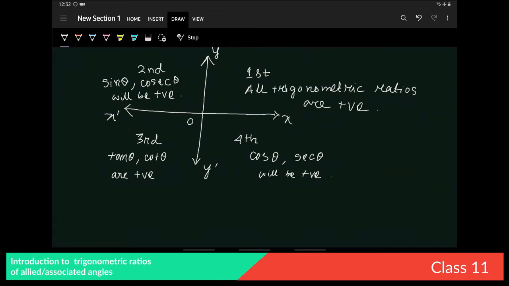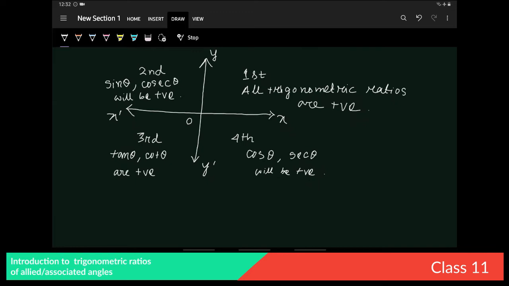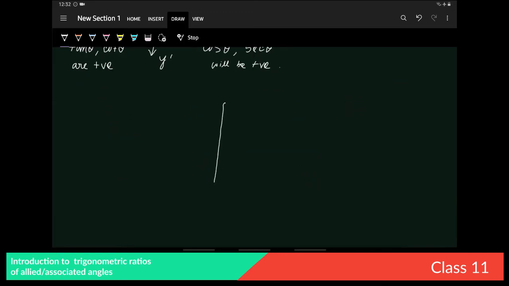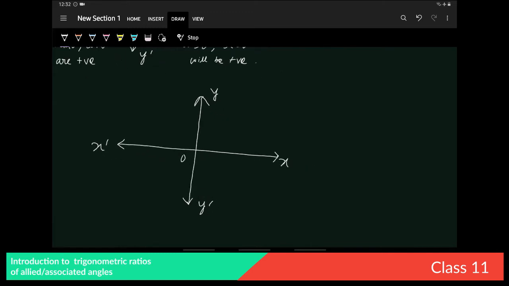Okay, so according to the sign convention, we can define this as, if I draw the quadrants once again, it is x, this is x prime, this is y prime, and this is origin. So in short form, we can write in first quadrant it is A. Now what is A?